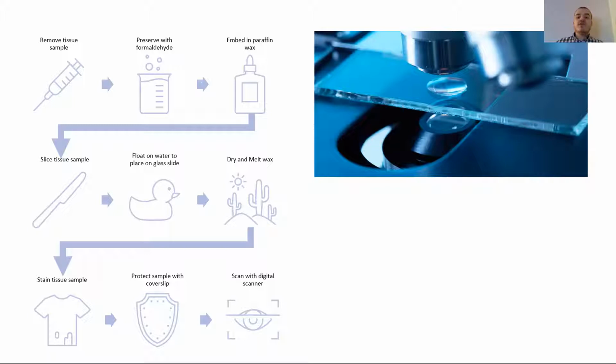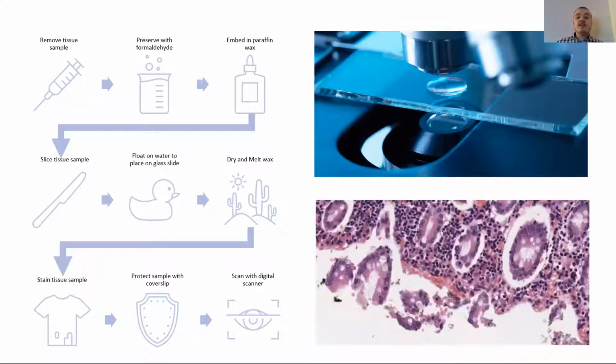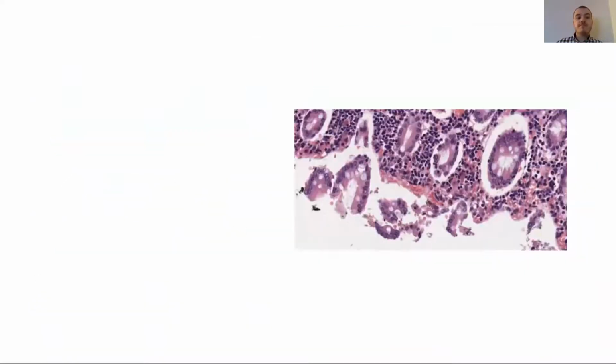And the microscope allows the clinicians to view the tissue in high detail. And within Leeds Teaching Hospitals Trust, the NPIC, which is the National Pathology Imaging Cooperative, is digitising the slides so they can be viewed on a computer by clinicians, as you can see at the bottom right.